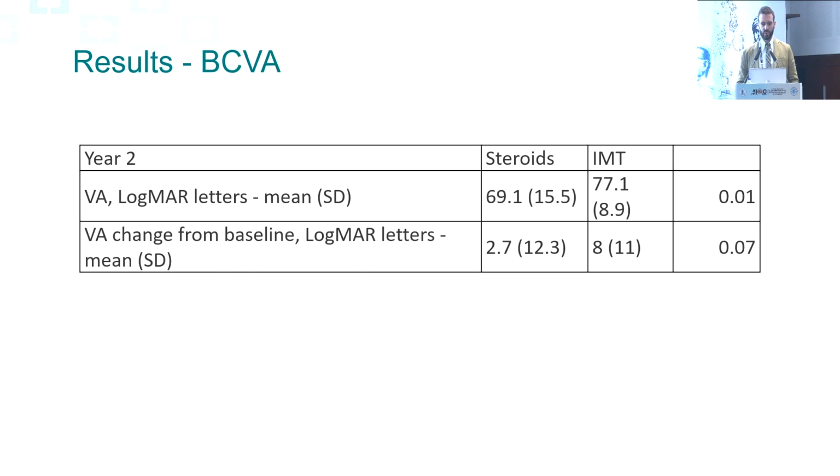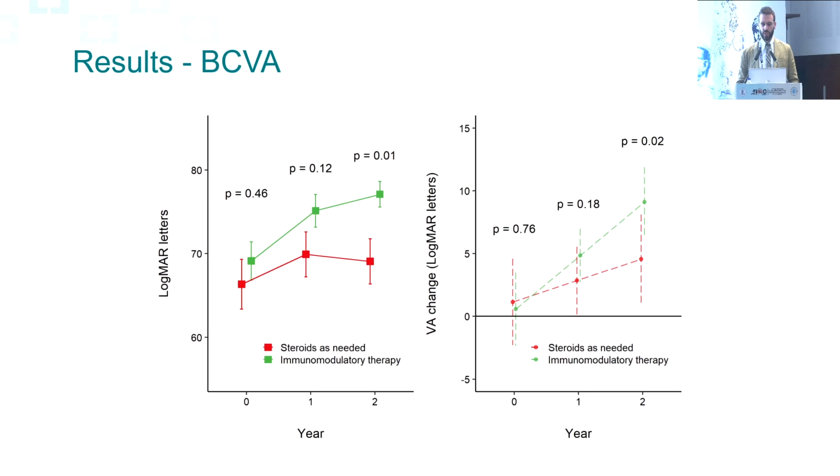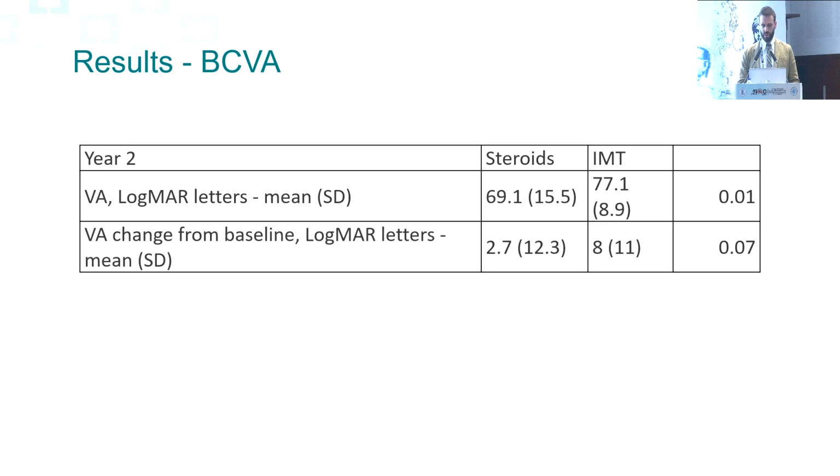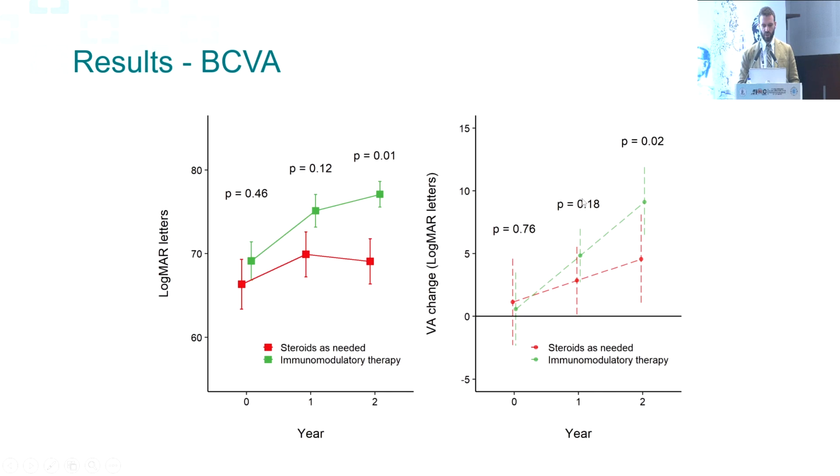The results, best corrected visual acuity at 2 years: you can see straight away that there is a slight difference between the group that was treated with steroids and the immunosuppressed group, but you can see it much better here. If you look at the green line, these are the patients who received immunosuppression, and they gain many more letters compared to patients who were treated with PRN oral steroids.